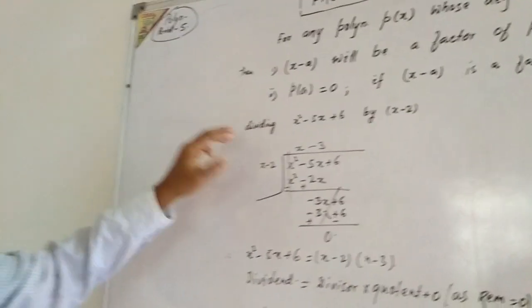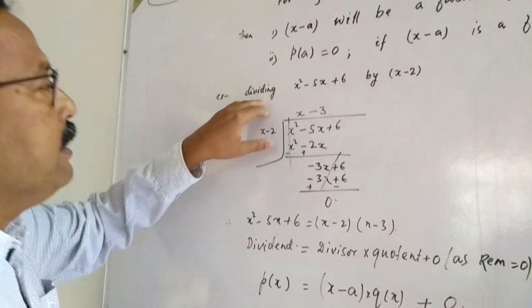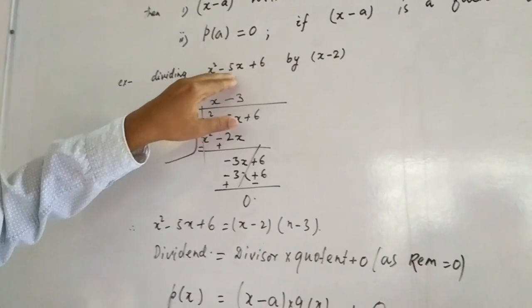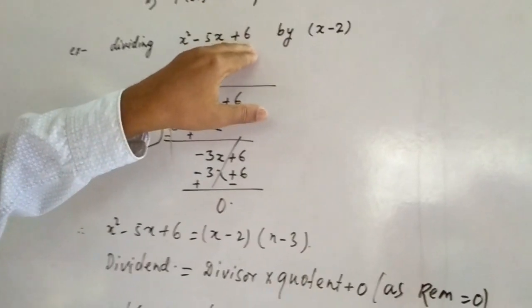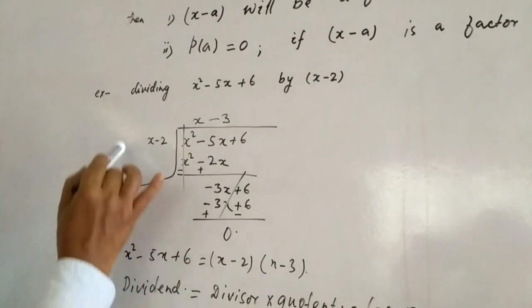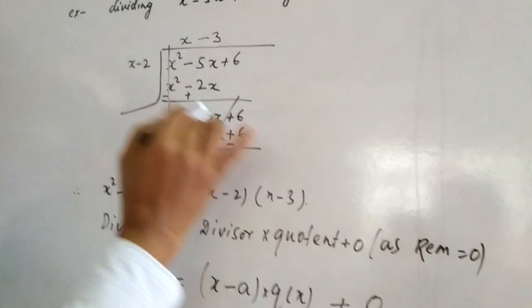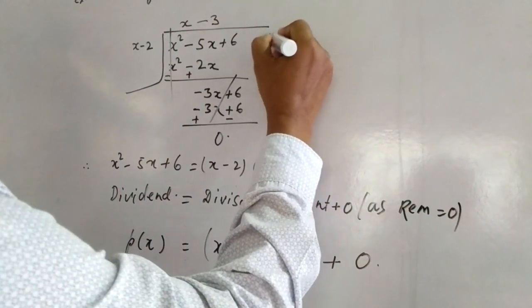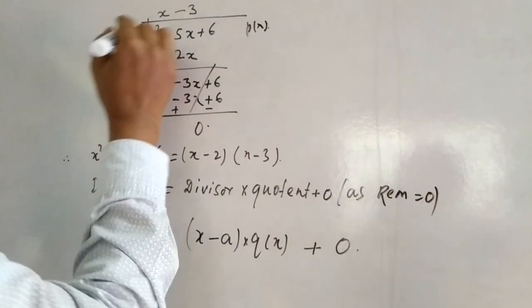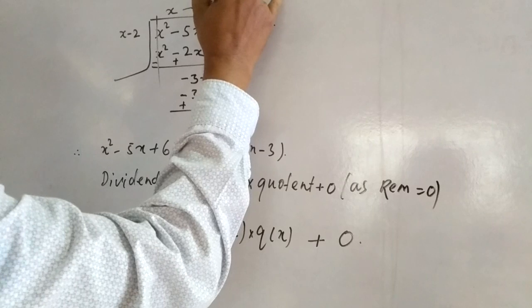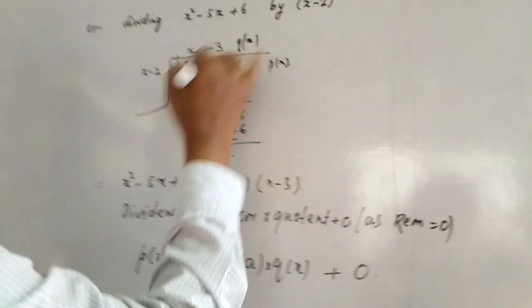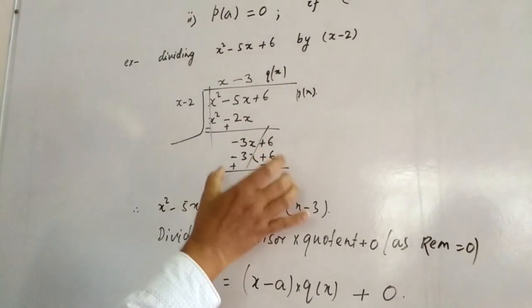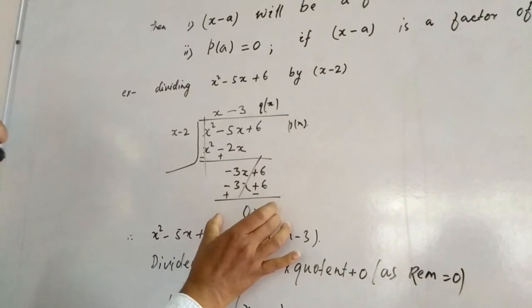Take an example, dividing x square minus 5x plus 6 by x minus 2. Here is the division of p(x), and by simple division we got 0 as remainder.